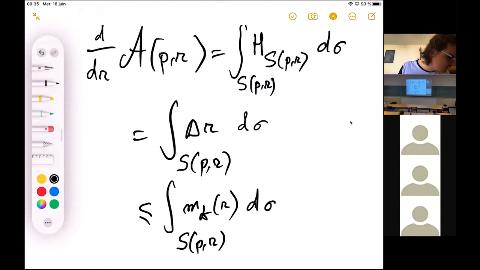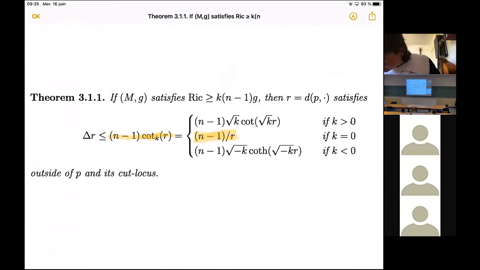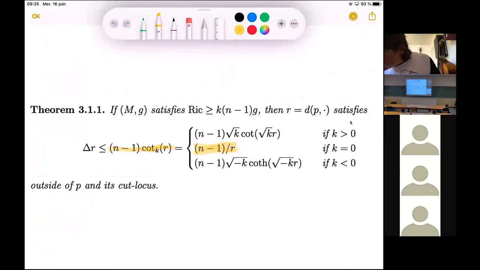So this is what I call m_k(r). And what is that?